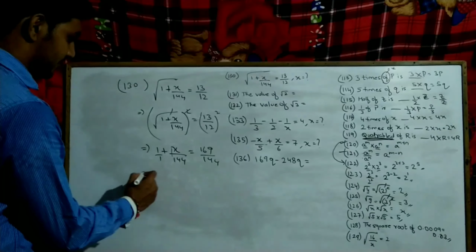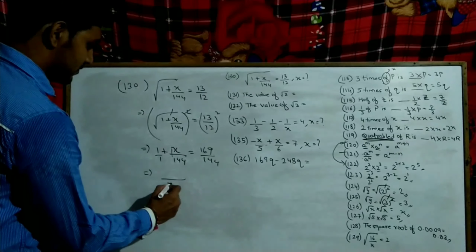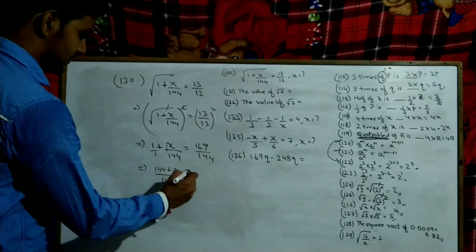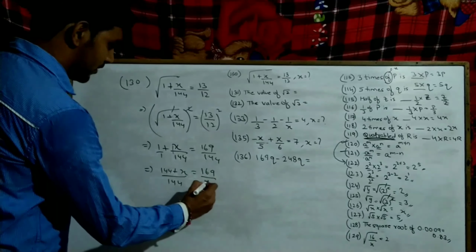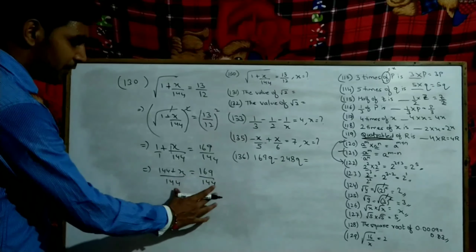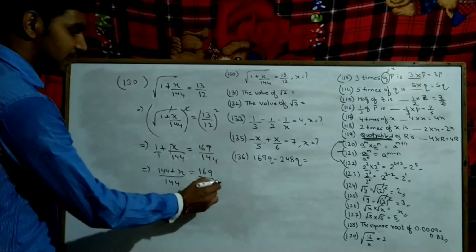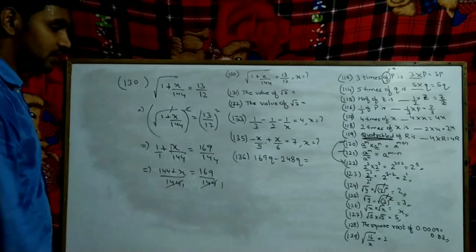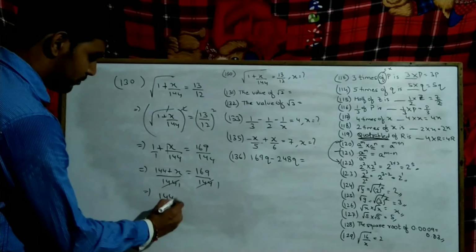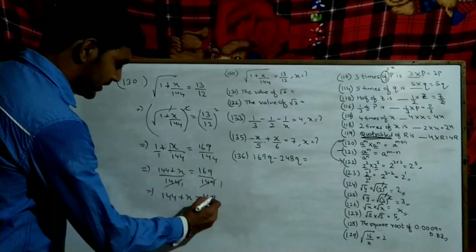Now let's take LCM. LCM is 144. Now 144 plus x by 144 is equal to 169 by 144. I already said if equal to is there in between and denominators are same, we can cancel easily. Now what is left? 144 plus x is equal to 169.